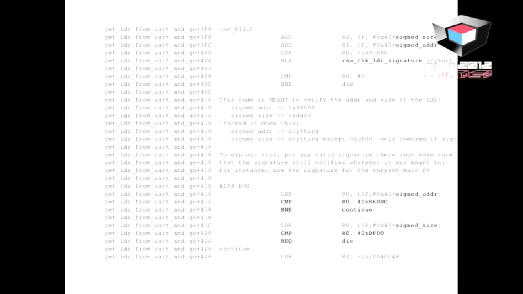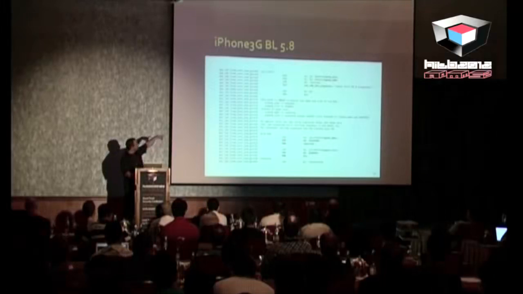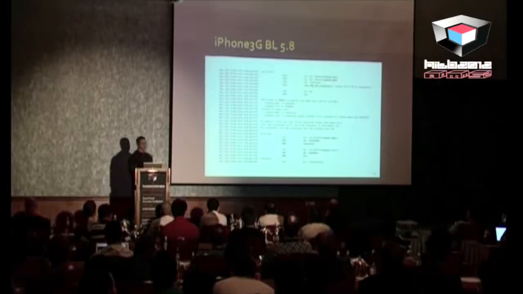And what it wants to do in this bottom check is sanity check the address and the length of the bootloader, but it's completely botched. It ends up accepting any length bootloader, any address you could write to, and any length except for the expected length. So it's a really weird bug. The only trick about this exploit was that you needed to have a valid signature at the location.